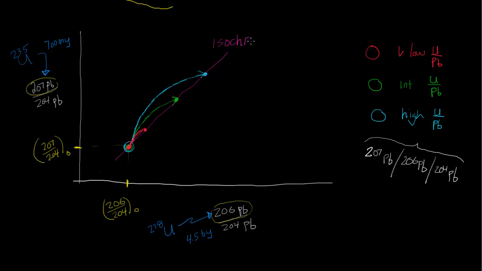And just like with the rubidium strontium system, the slope of this isochron corresponds to the age of these three meteorites. As these meteorites grow older, they'll continue along their path like this. I'll just make them a little bit older now. So this is a little bit older.